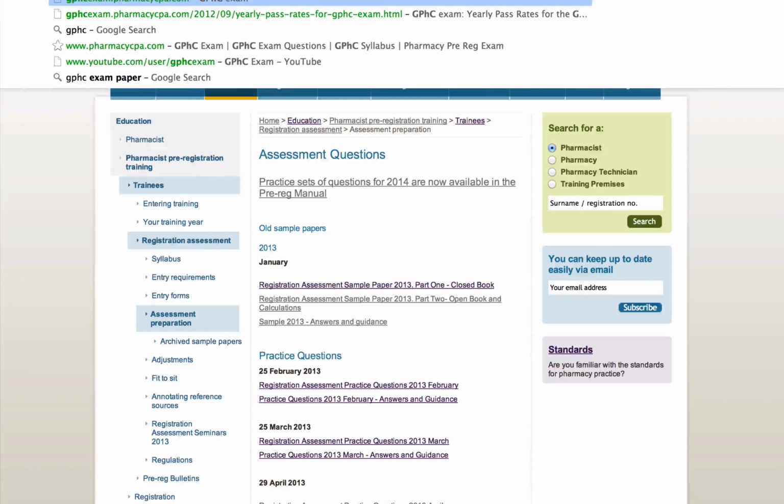You need to know that every year the pharmacy is required to do a patient satisfaction survey. Then the result comes back and needs to be displayed within the pharmacy itself. It needs to be shown.